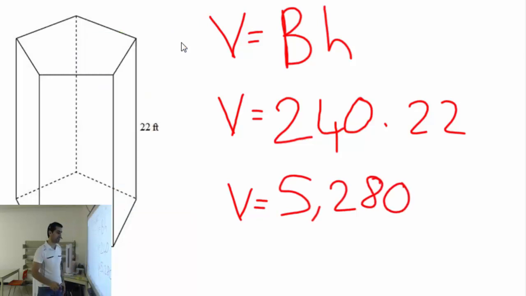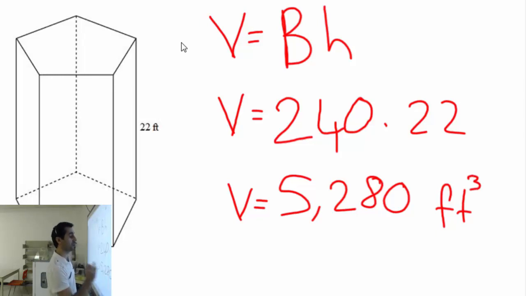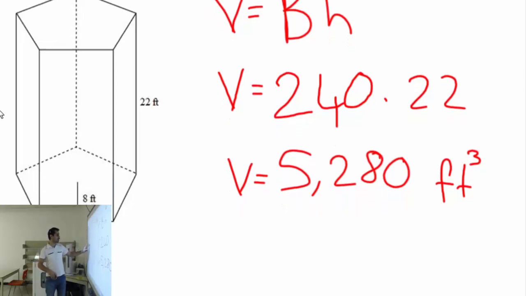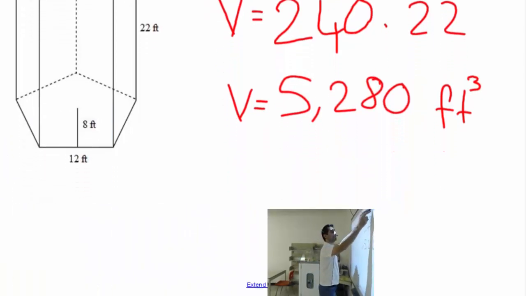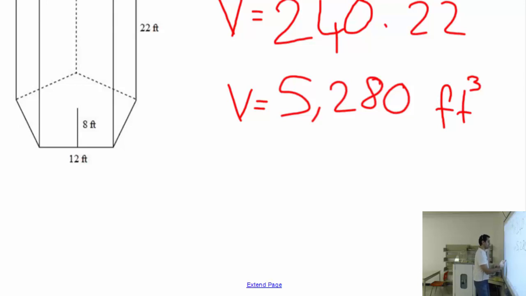And what's my unit? Feet. Not square. We are talking about volume. It's going to be cubed. So I am done calculating the volume. Now let's go ahead and calculate the surface area.